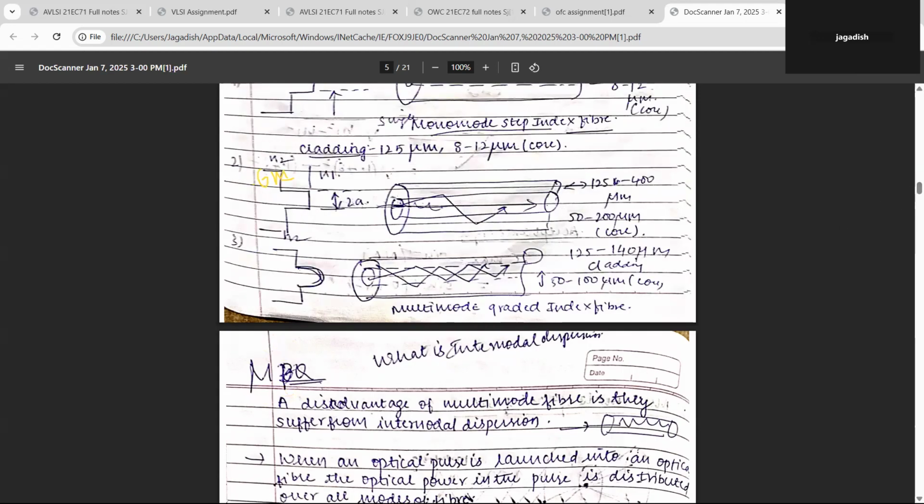If they ask for 6 marks, you have to write this diagram completely, and you have to start with the explanation: what is intermodal dispersion? There are many concepts in optical fiber.